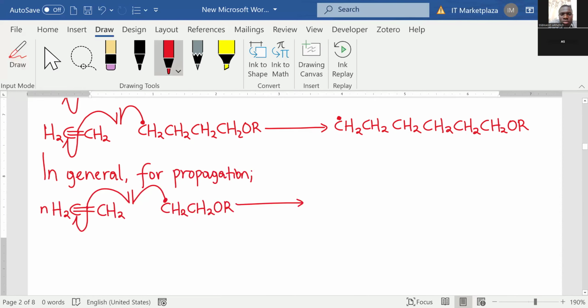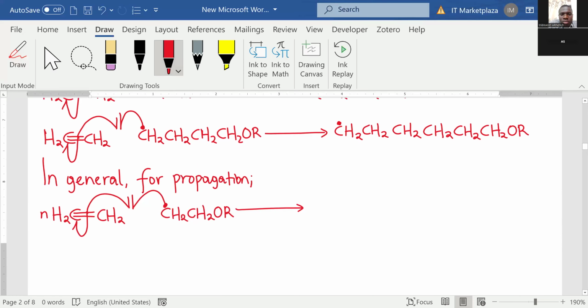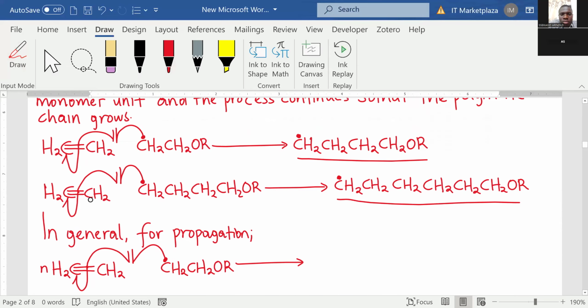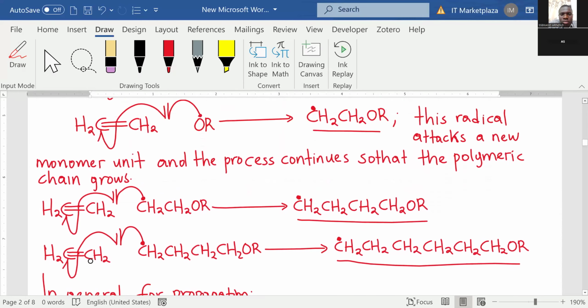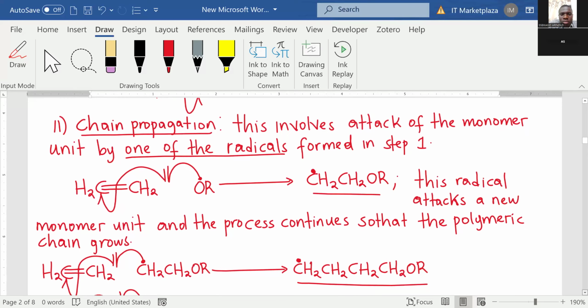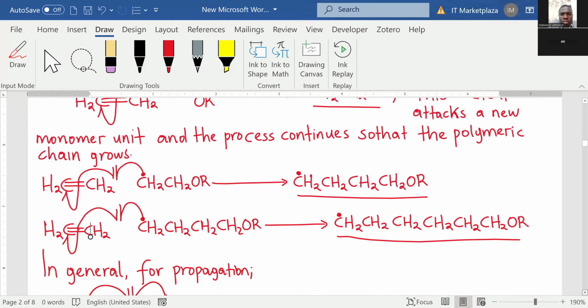If you look at this one, that one I've underlined, also that one, and also this one, which was underlined. So in general, we keep on adding CH2, CH2, CH2, CH2.